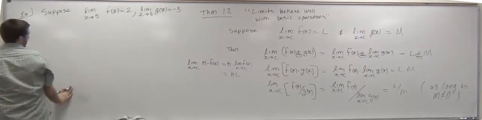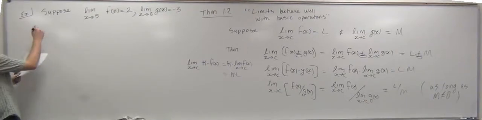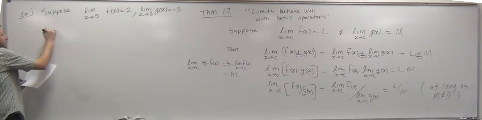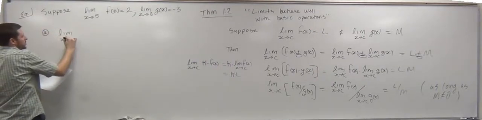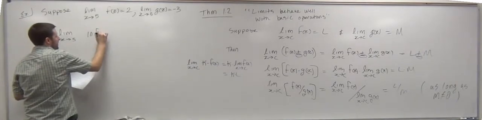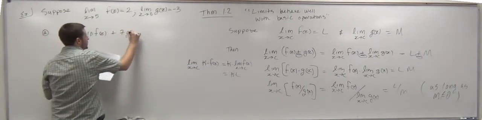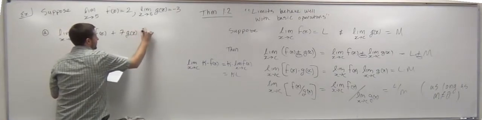So you have this information somehow, maybe from a graph, maybe from a table. Then let's figure out what the limit as x goes to 5 of 10 f of x plus 7 g of x times f of x is.